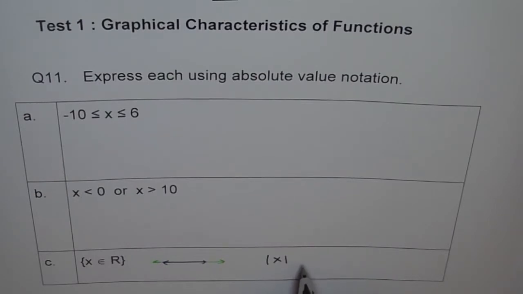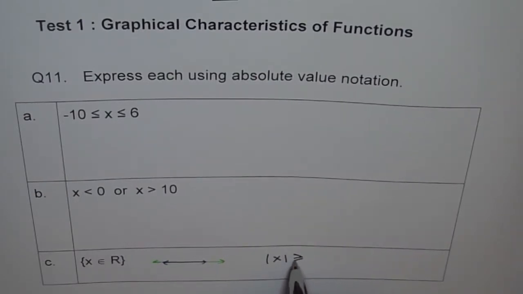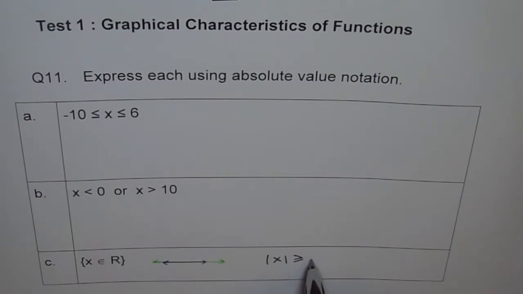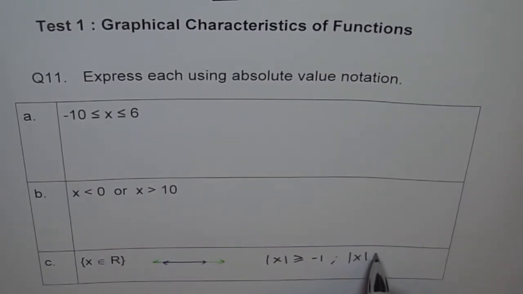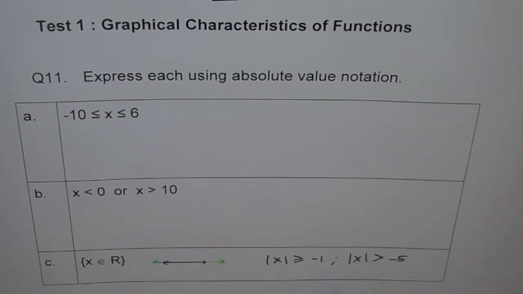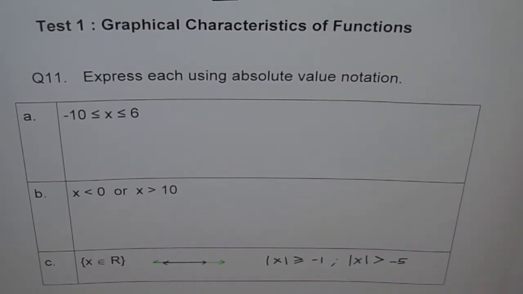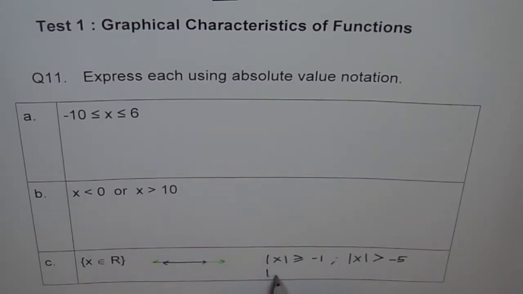So we can write this as greater than or equal to minus 1. Equal to was not required because it is never equal to, right? So I should have actually written absolute x is greater than any negative value, maybe negative 5 or anything like that. Or I could have written the answer as absolute x is greater than or equal to 0.